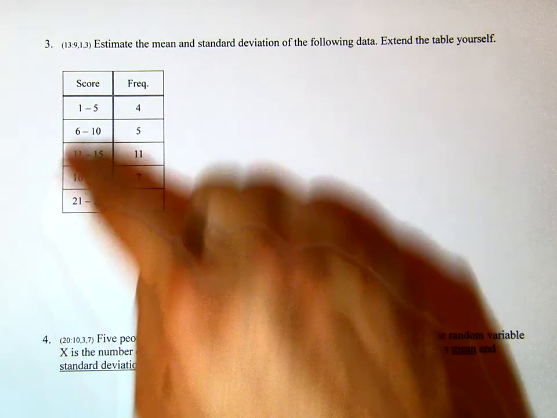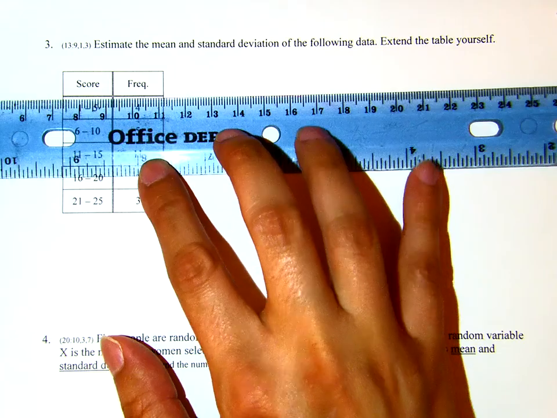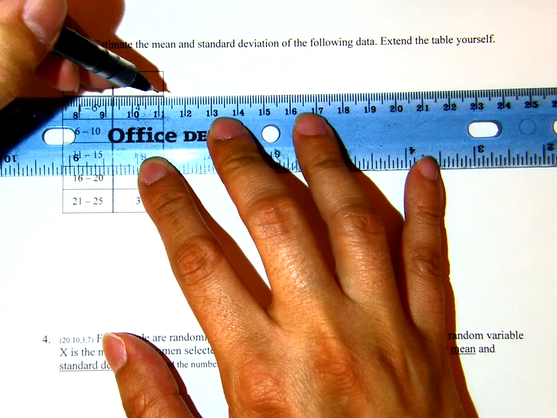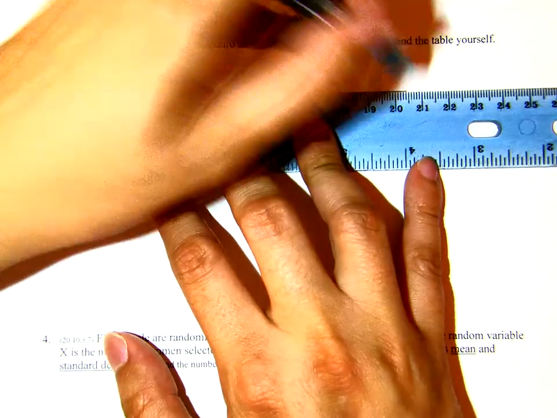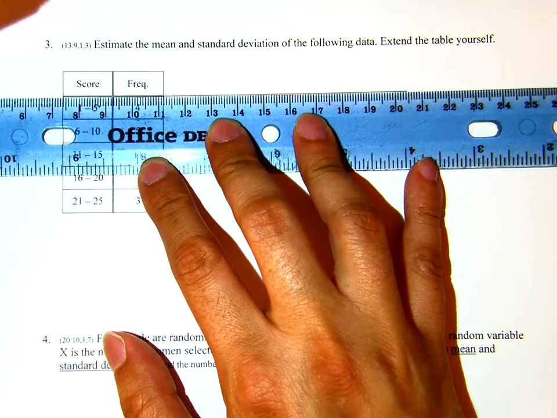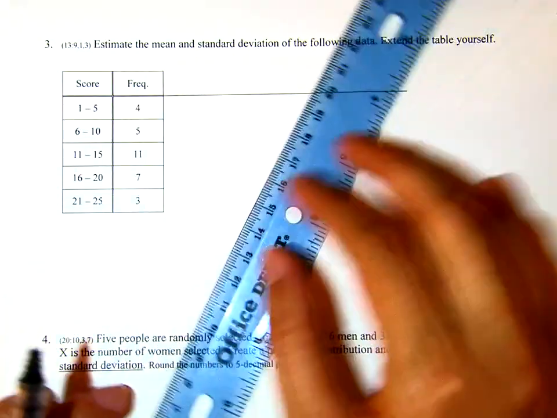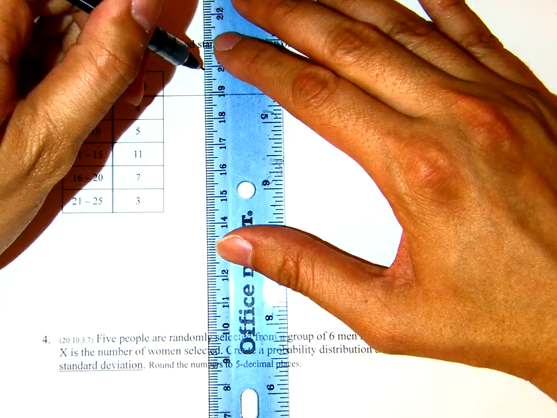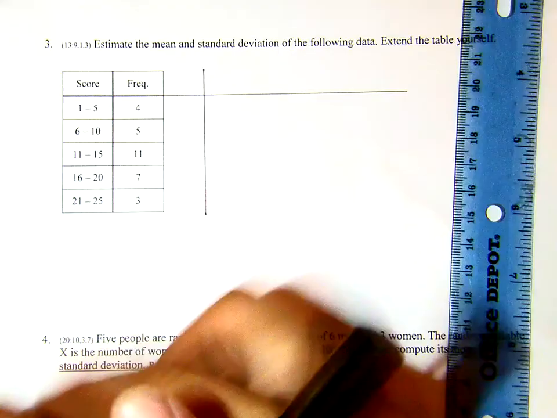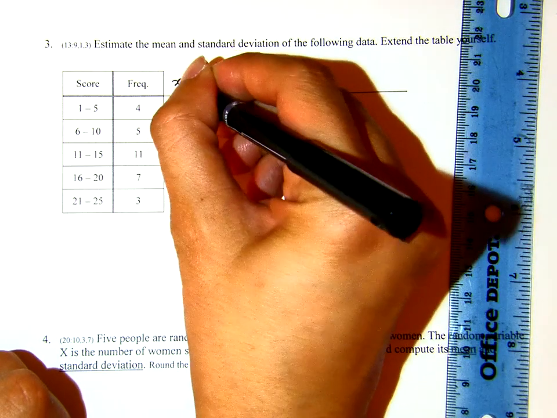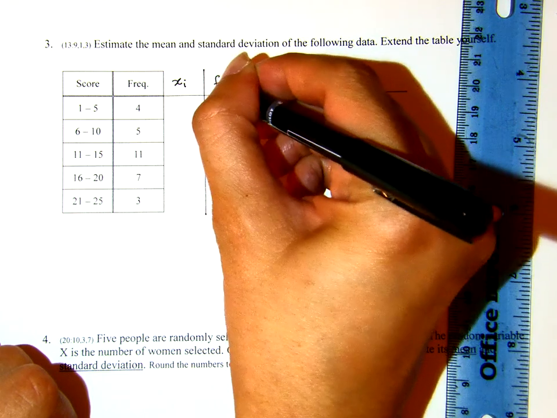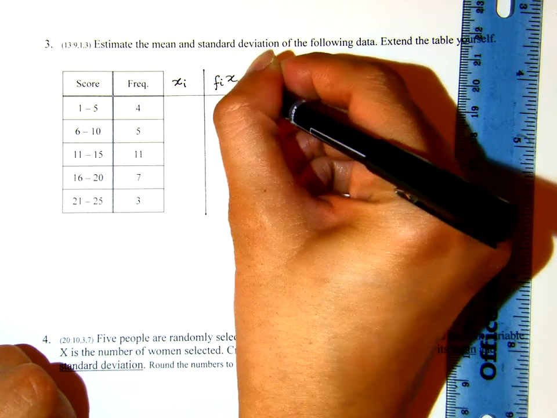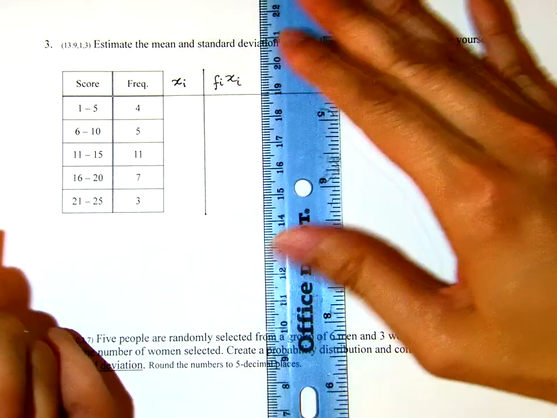Because we have the interval for the data, the first column will be the midpoint. The second will be the first extension, the frequency times the midpoint.